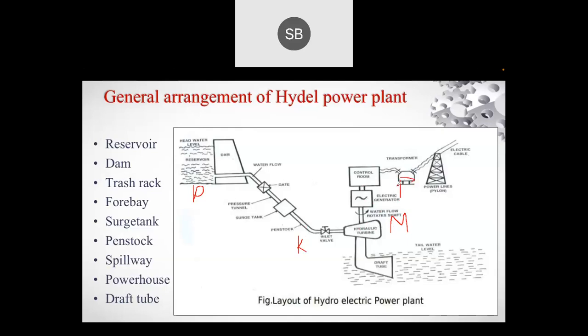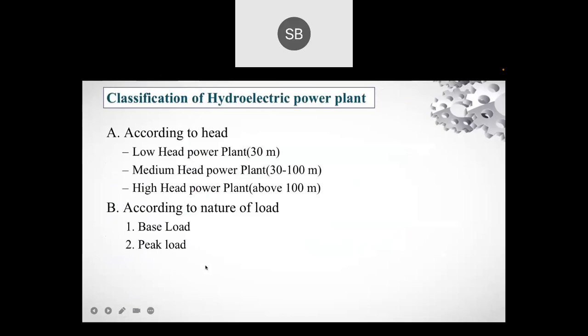This kinetic energy is then converted into mechanical energy in the turbine, and this turbine is coupled to the electric generator, which converts this mechanical energy into electrical energy, and then this electrical energy is transferred. So this is the layout of the hydroelectric power plant. You already know the working of the different components, right?